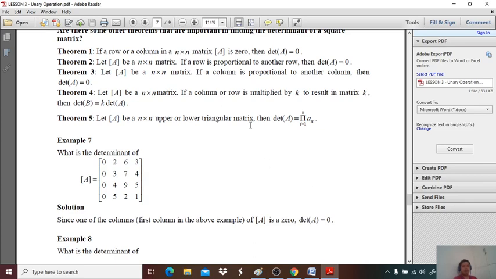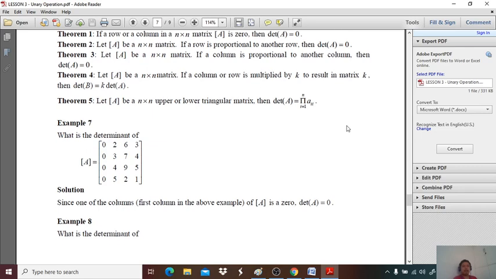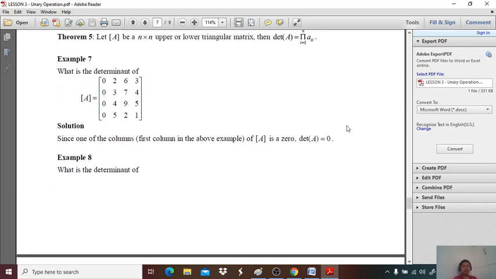That is proportional. Next, when a column or row is multiplied by a constant k, the determinant of the resulting matrix B is k times the determinant of A.